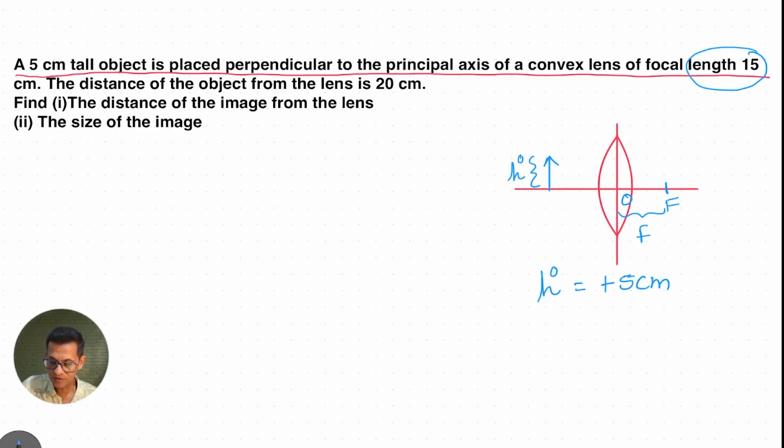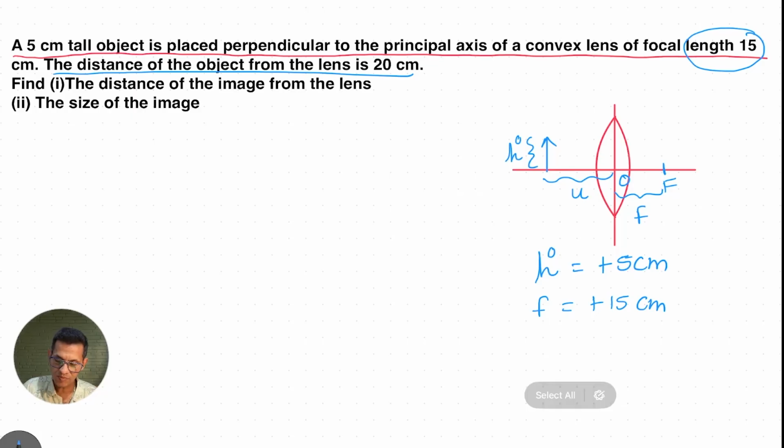So here the focal length of the convex lens becomes positive, so again plus 15 centimeters. The distance of the object from the lens is given as 20 centimeters. That means this distance from the optical center to the object is u, which is given as 20 centimeters. Remember, u is always negative, so u will be negative 20 centimeters.